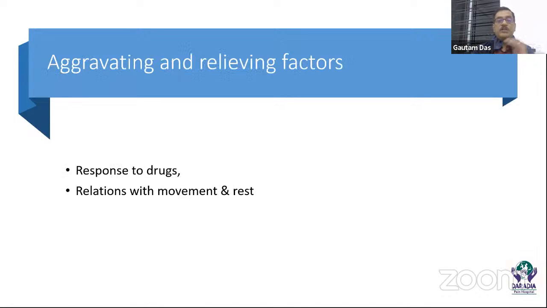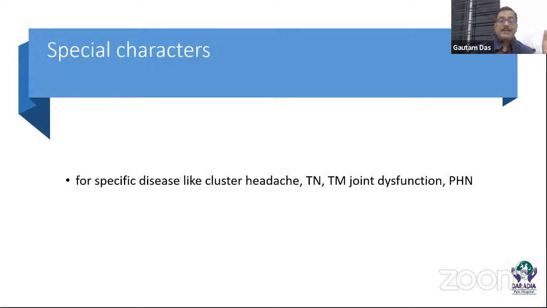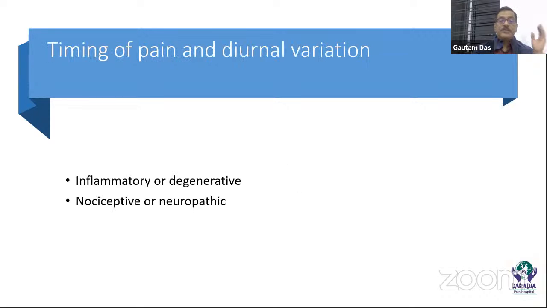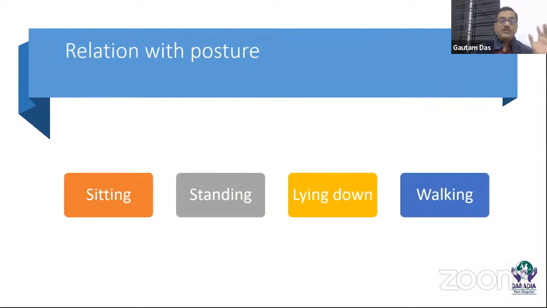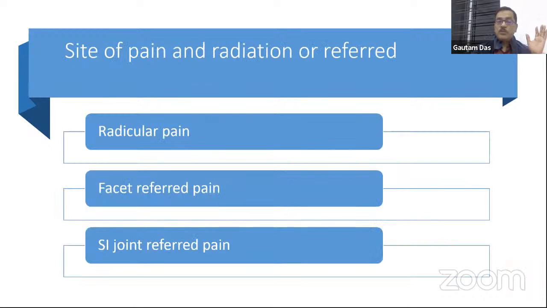Then aggravating factors, relieving factors, then special character, whether it is there or not, and timing of the pain, then the relation with posture, whether it is increasing or relieving with sitting, standing, lying down or walking. All these are very important when we're discussing particular areas of pain, like knee pain, shoulder pain, headache, all those things.